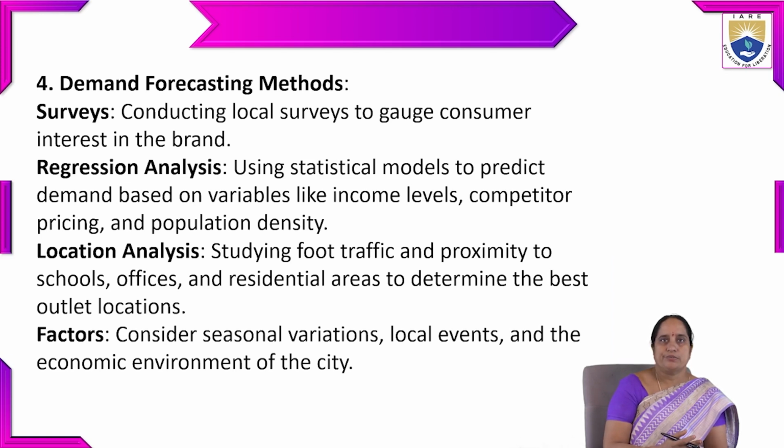And location analysis should be done. It means studying foot traffic and proximity to schools, offices, and residential areas to determine the best outlet locations. And the factors that should be considered under this: consider seasonal variations, local events, and the economic environment of the city.